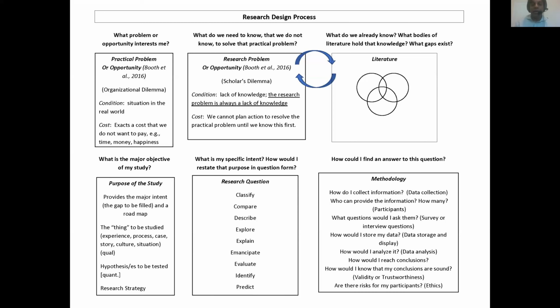I think at one point I was close to 2,000 articles, and mine is not a good example of how many articles you should collect, but I really truly wanted to do an exhaustive study of the literature, especially since I was doing a meta-analysis, and I needed to parse out the articles that I would use as secondary analysis. So that was my literature experience, but it really made me appreciate how much good research was already out there that I could then take and use for my study.